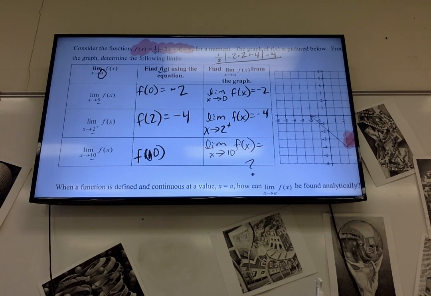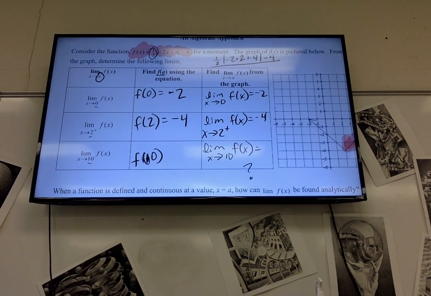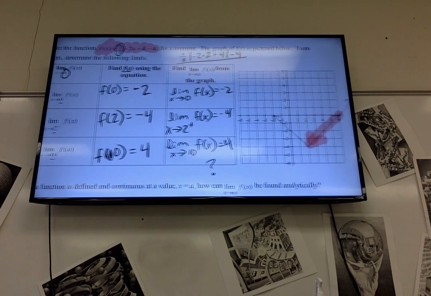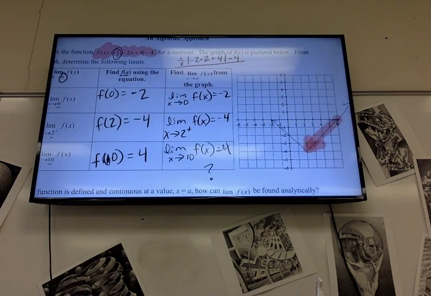Absolute value of -16 is 16. Then times the 1/2, 8. And 8 minus 4, you added the 4. 8 minus 4 is 4. And that's what this would be if I graphed that out farther. It would go up to 4.